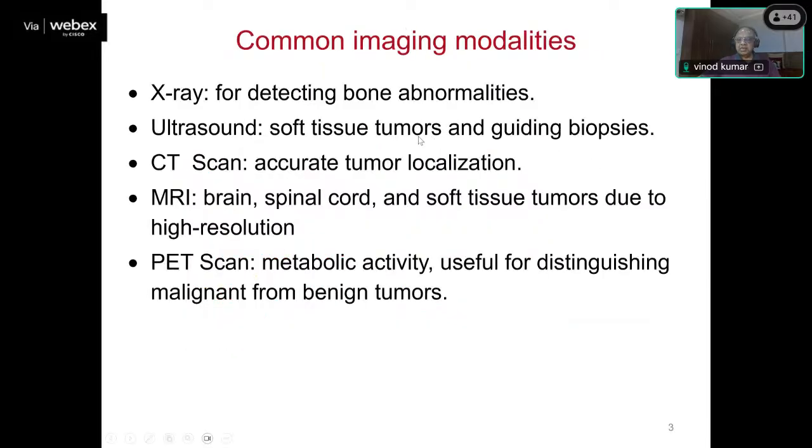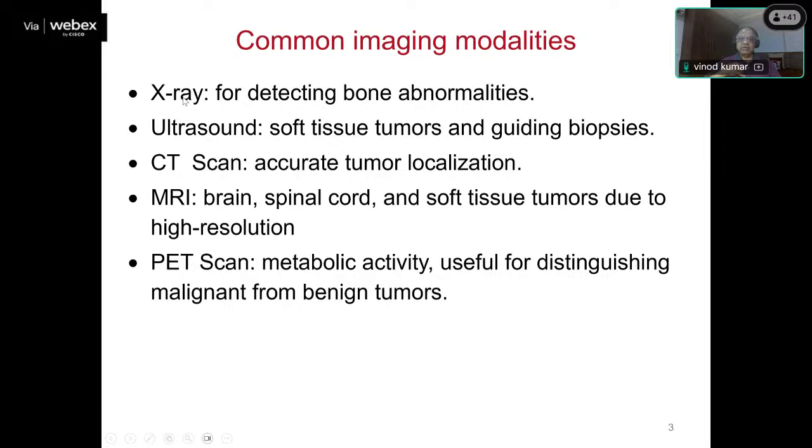So imaging is very important in identifying a tumor which is inside the body and not otherwise visible. Various modalities which we use in medical imaging: X-ray.